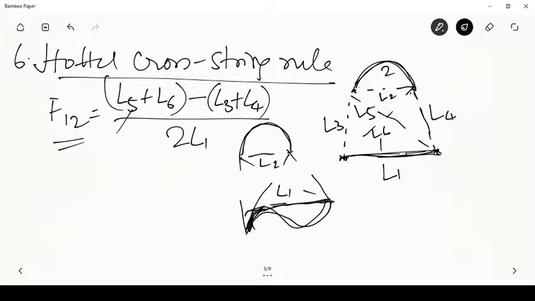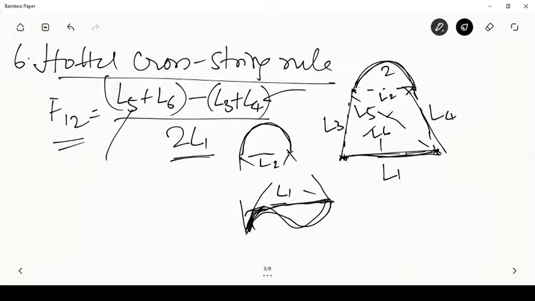So this is the sum of the lengths of the diagonals, and this is the sum of the lengths of the parallel strings that you have constructed, and this is the length of the string of the surface whose view factor you are trying to find with the other, multiplied by 2.